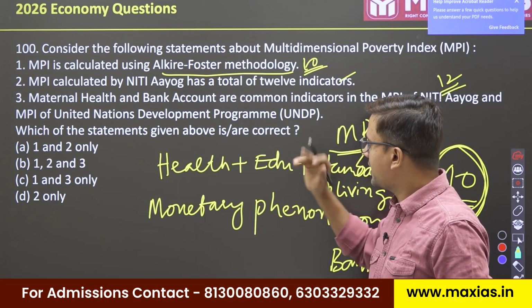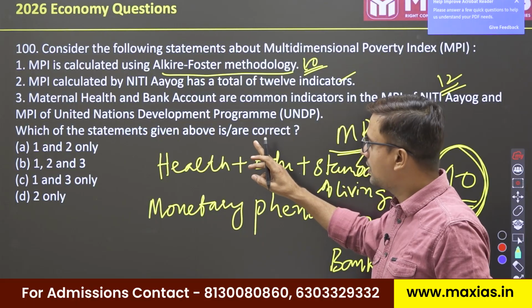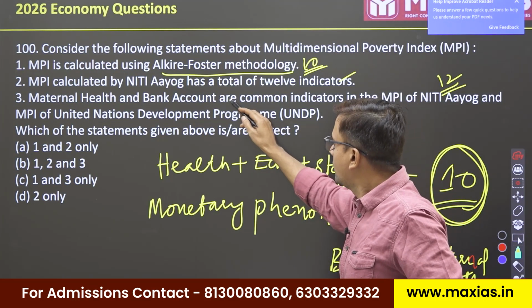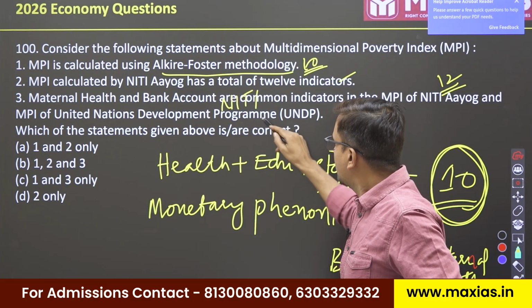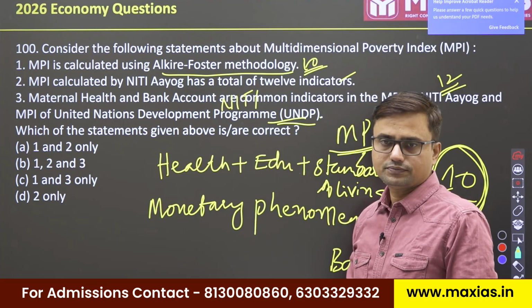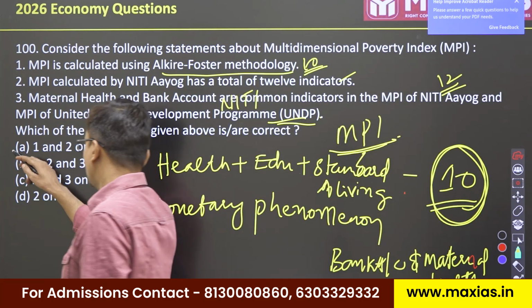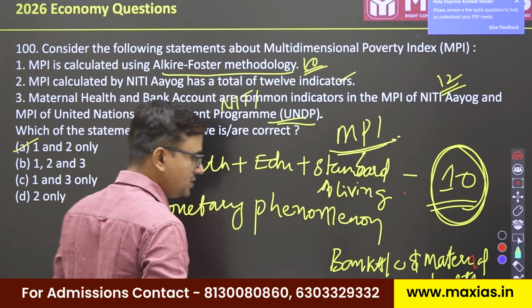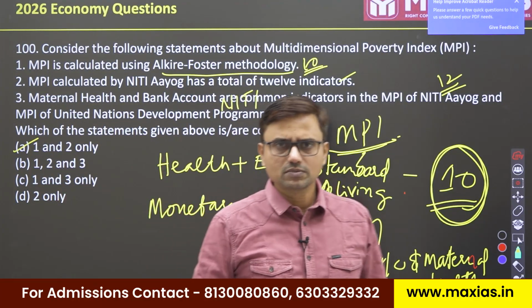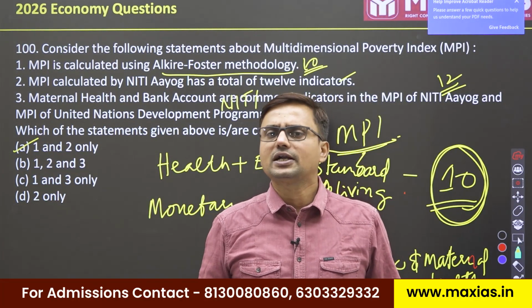No, maternal health and bank account are seen only in the MPI of Niti Aayog, not the UNDP. Understood? So the answer should be 1 and 2. It's a pretty easy question. We read a lot about this multidimensional poverty in the current affairs part.